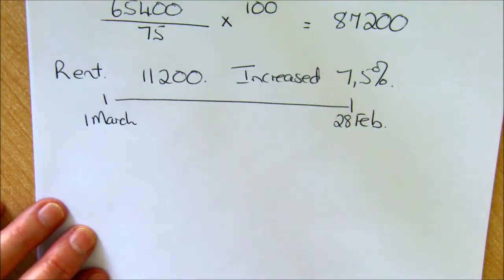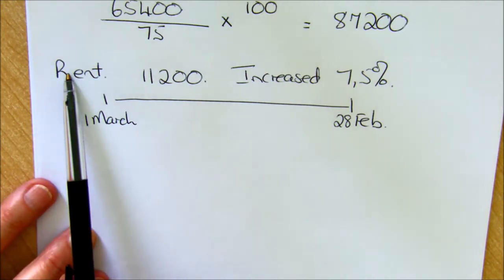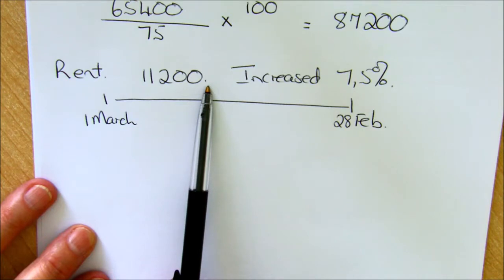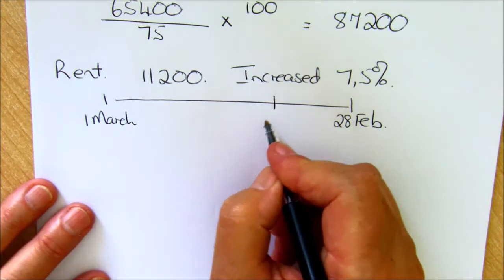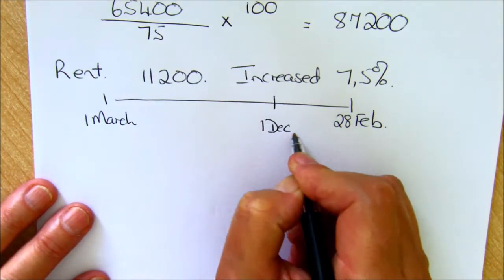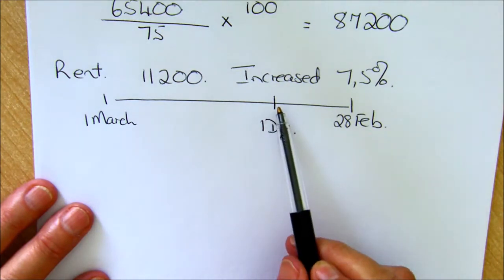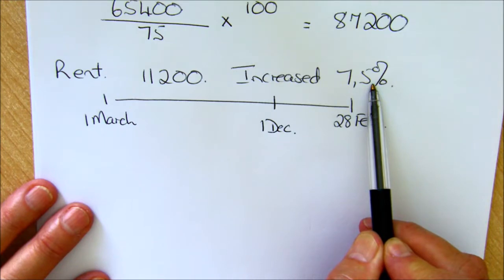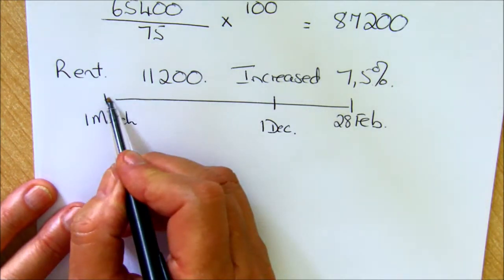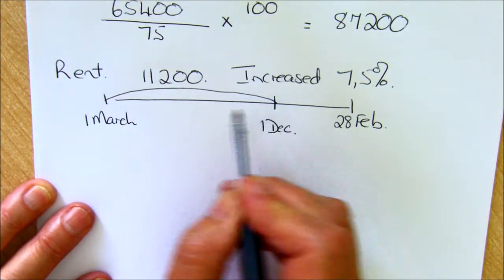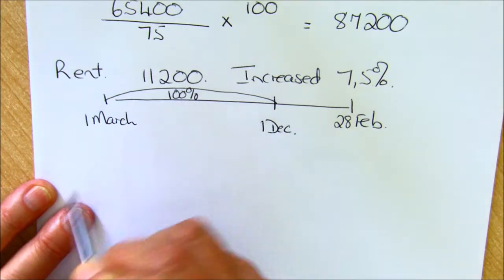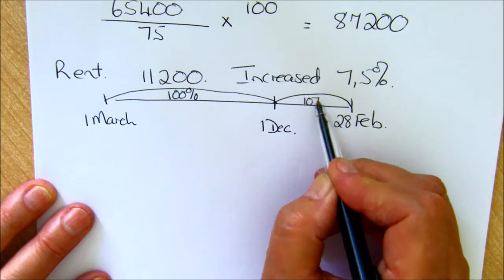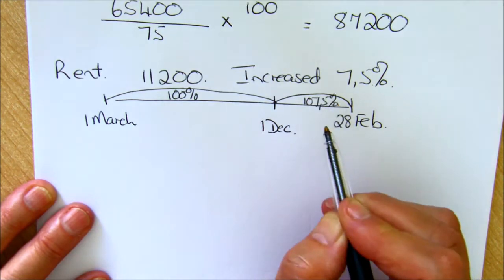Now, another adjustment they gave you last year was that the rent was originally 11,200. But then on the 1st of December, the rent actually increased by 7.5%. So it was 100%. Remember, we started at 100, and then it went up to 107.5%.